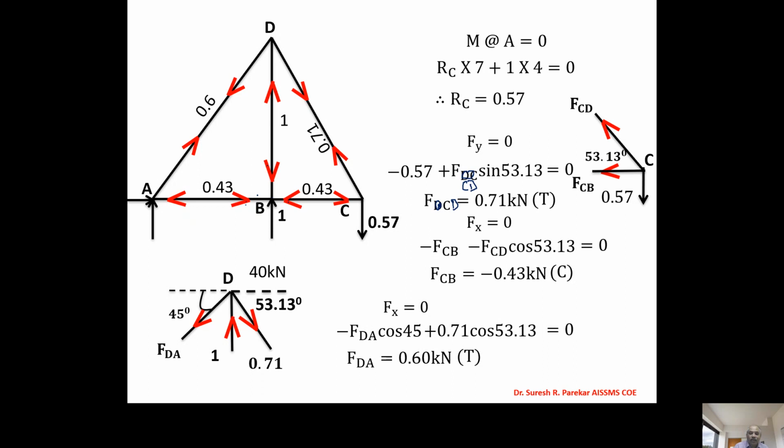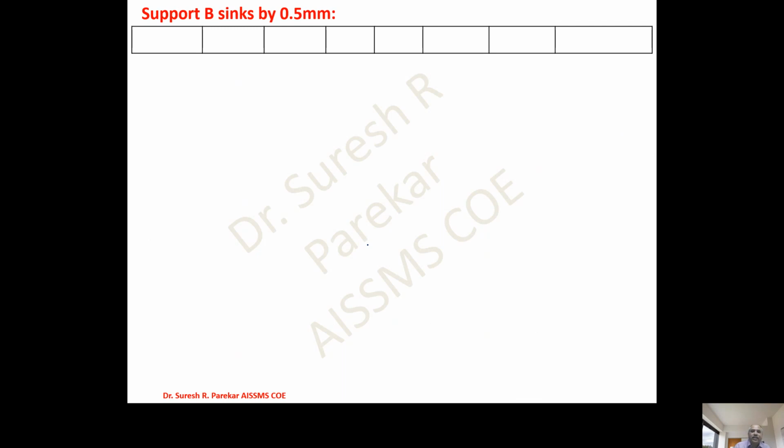So like, when we get K forces, applying unit reaction. By applying unit reaction for the redundant, we will get all these forces, that is K forces. Support B sinks by 0.5 millimeter, and therefore we have dr equal to minus 0.5.